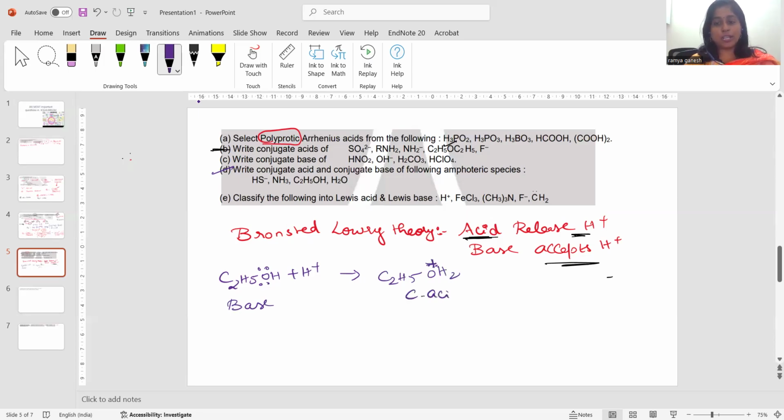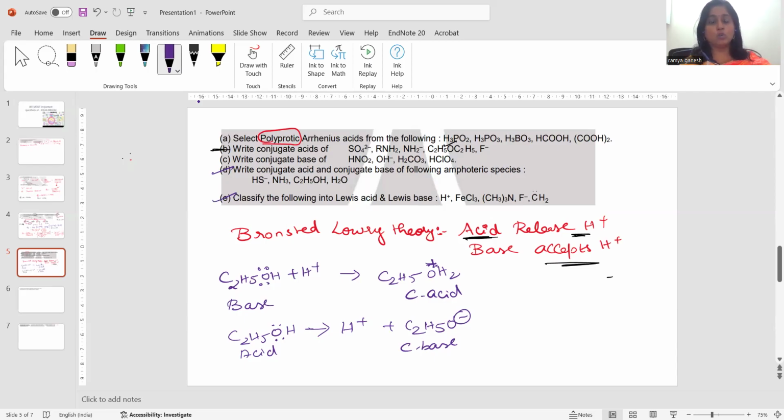This is the conjugate acid of it. The next one asks whether it could act as an acid. Yes, of course. If it is releasing an H plus, what will it form? C2H5O minus. So this is an acid and this is its conjugate base. What do you call this ion? Ethoxide ion, correct?